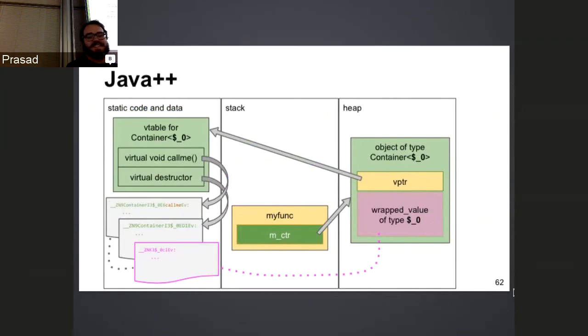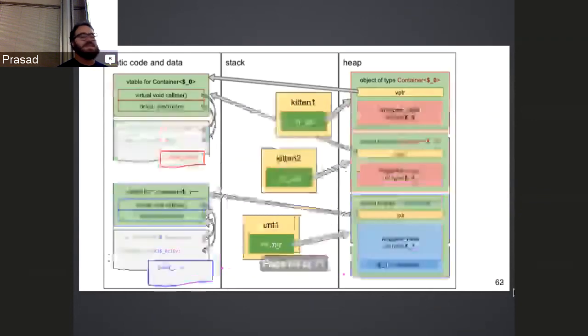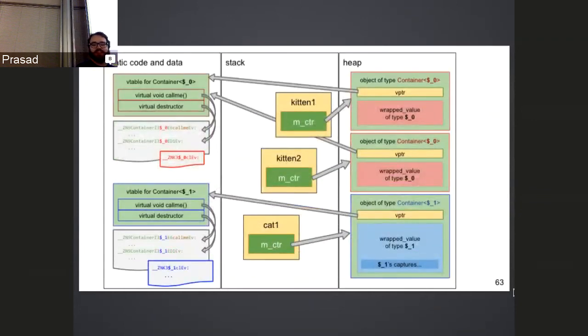And what that means is that if I have two different things, two different lambdas, for example, a little lambda called kitten and a big lambda called cat, then I can have kitten1 and kitten2. These are std functions that wrap things of decltype kitten. And I have cat1 that wraps something of decltype cat, which is a totally different type, and so it has totally different behaviors.